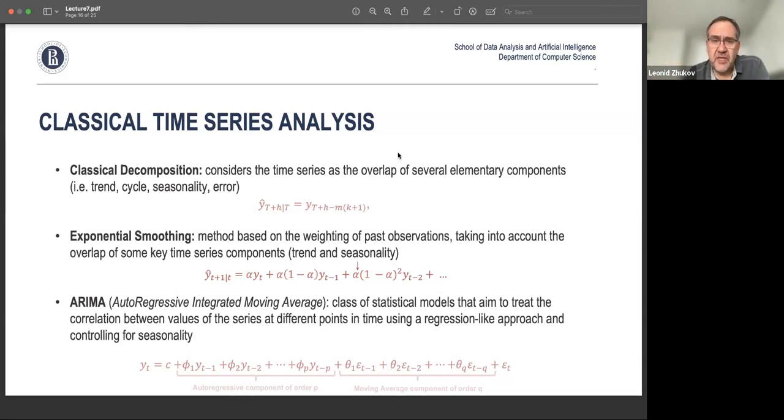It's actually a class of various methods that work with this regression type of approach. And you notice that in these methods you do have coefficients, and you can actually compute those coefficients to create a better prediction.